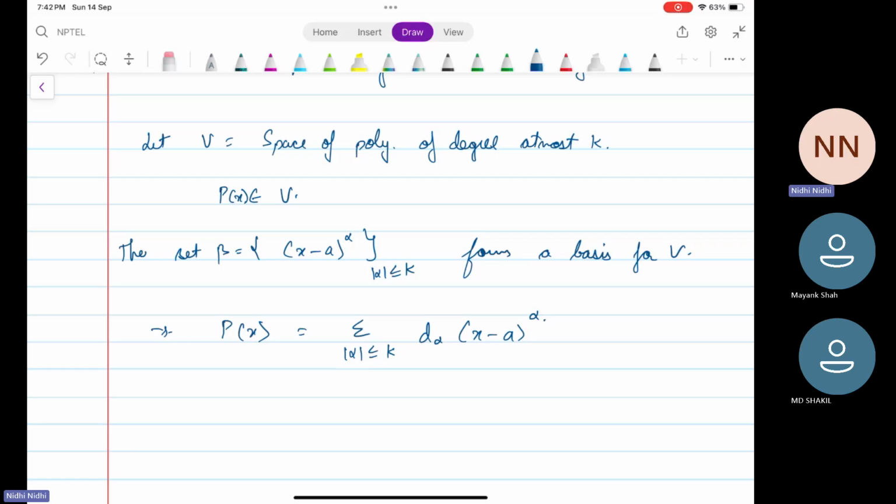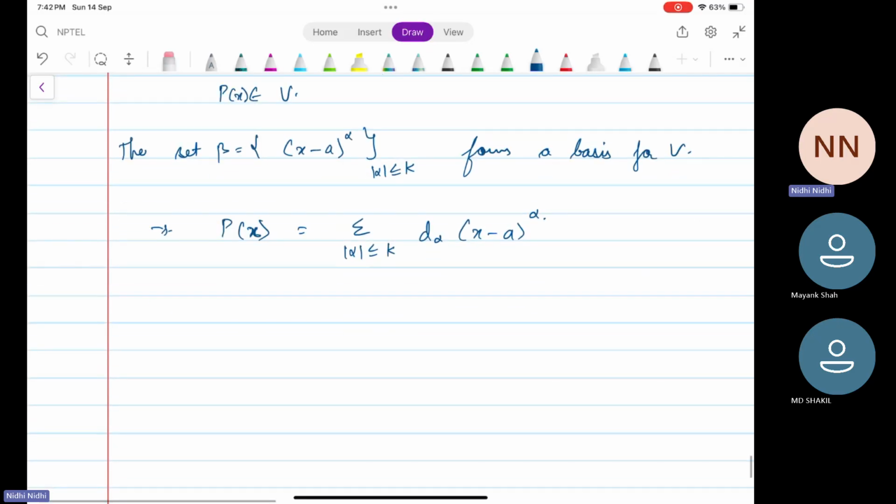Now, differentiating both sides with respect to each of these alphas, we get del^alpha p(x), which is the summation over mod alpha less than or equal to k.